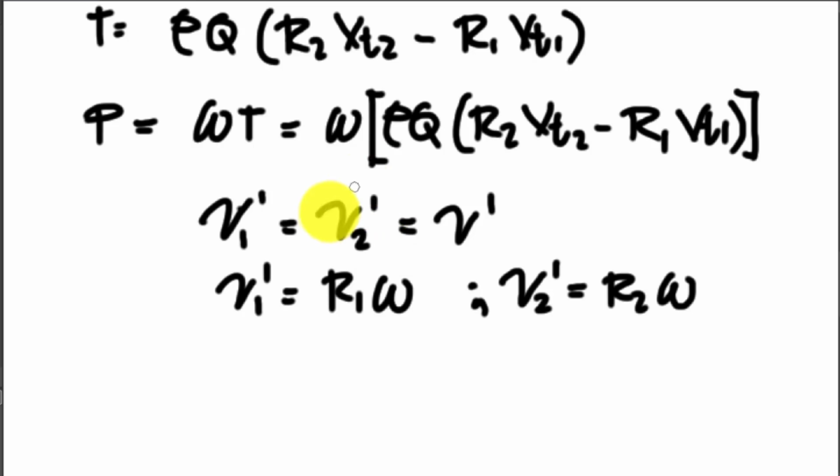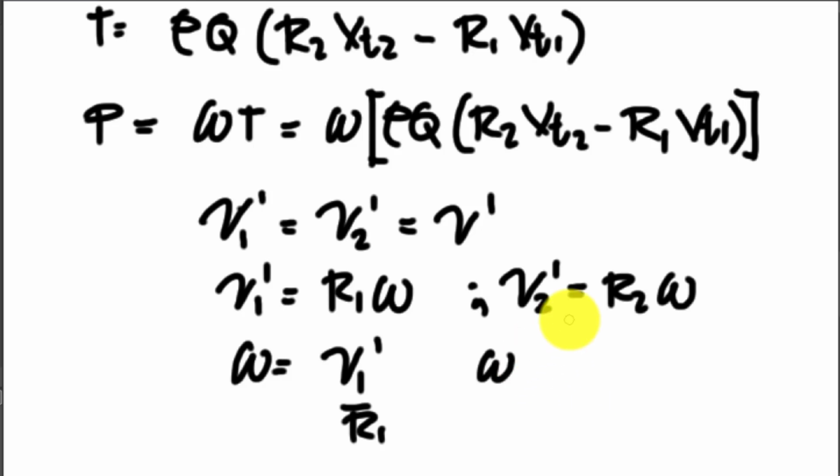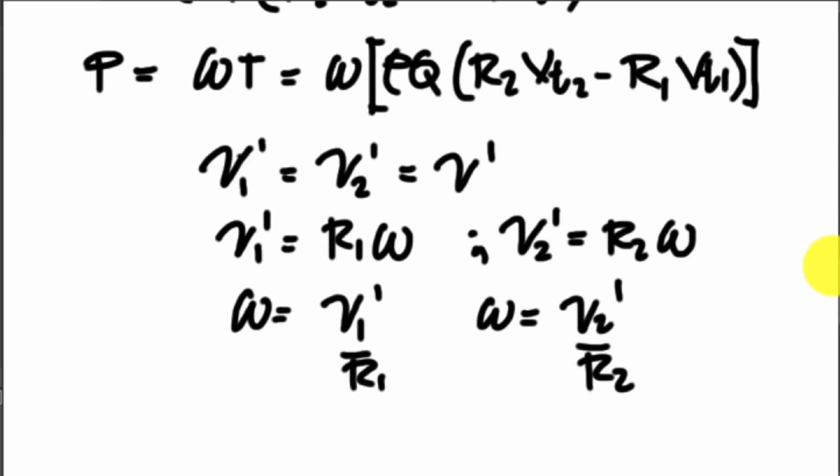Since the angular velocity is the same at the inside and outside diameter of the vane, we can rewrite your angular velocity as the velocity of the vane prime divided by my radius 1. And for the outside, 2, that will be equal to velocity 2 prime divided by my radius 2.